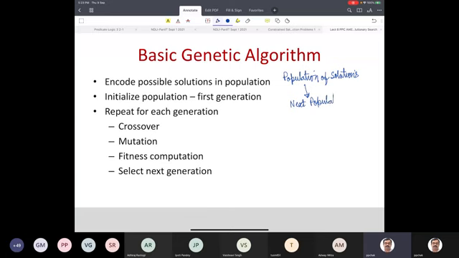So the difference from the previous local searches, which worked on single solution to solution transformation, is that this is solution set to solution set. So this is how it proceeds.